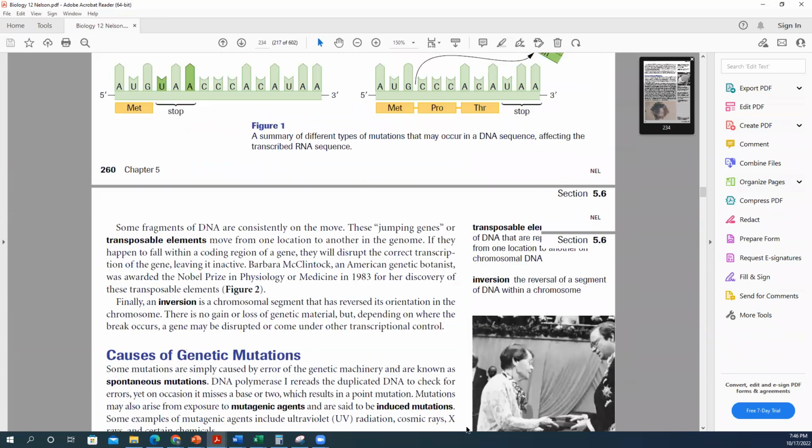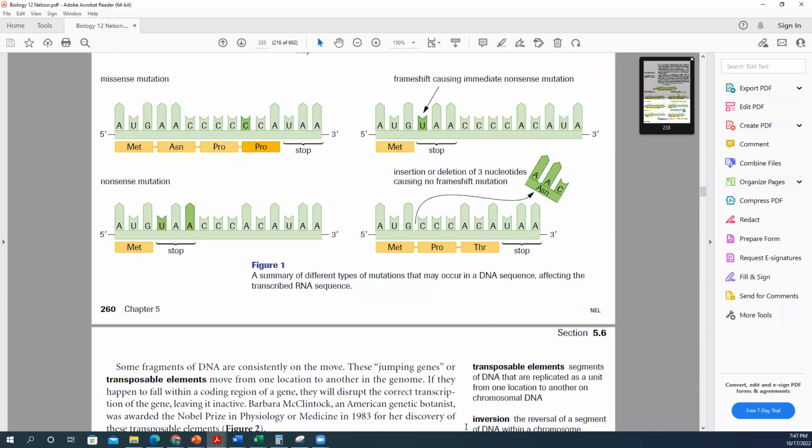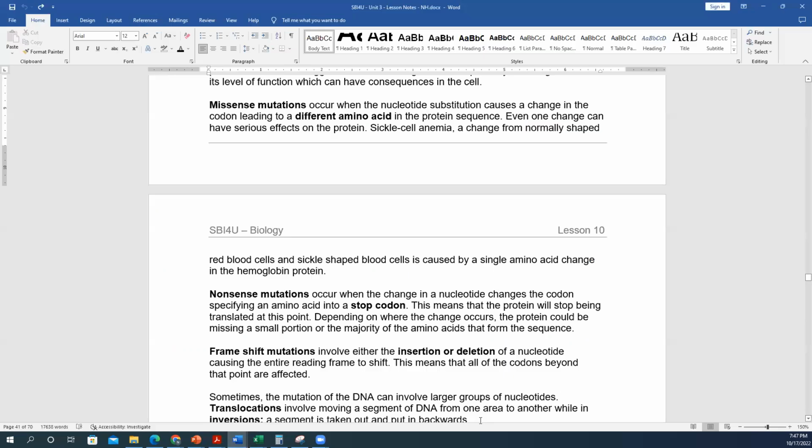No, they don't. But if you can imagine, entire segments might be taken out or put in backwards, as is the case in inversion, or entire chunks may get removed and inserted from one area into another area, as is the case in translocation.